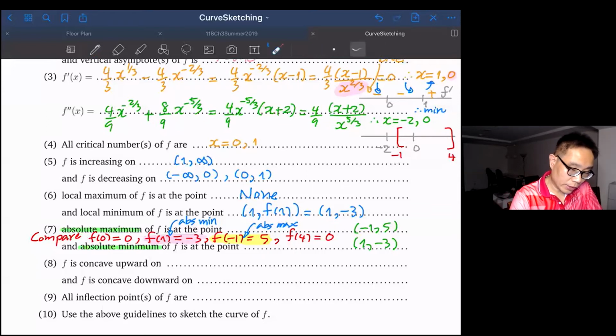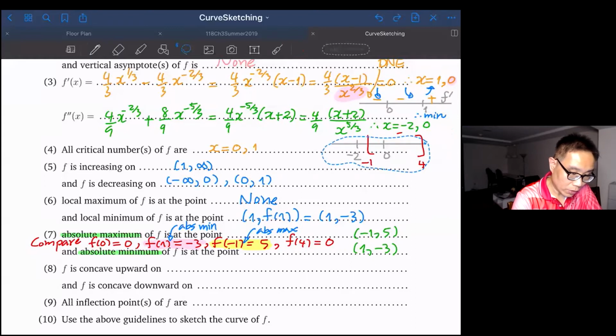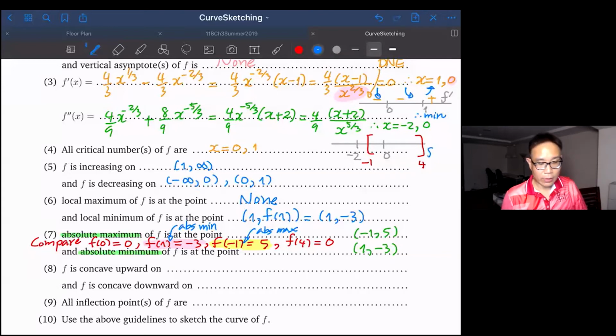So you're going to have the sign of f double prime. Okay, for this one, you're going to do the sign of the second derivative.